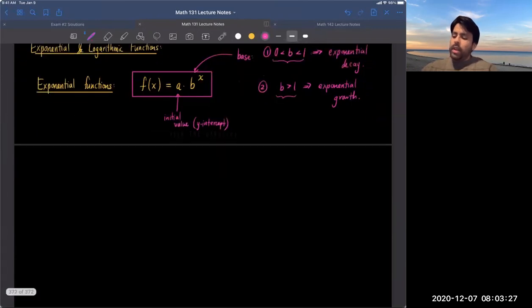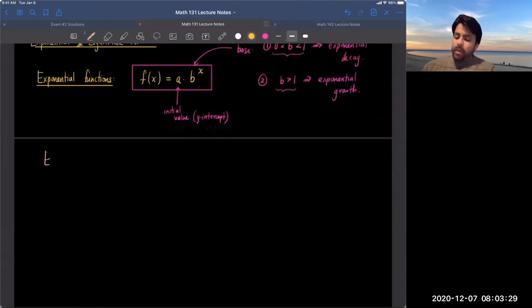So what do they look like? Exponential growth. And again, my b value is bigger than 1.